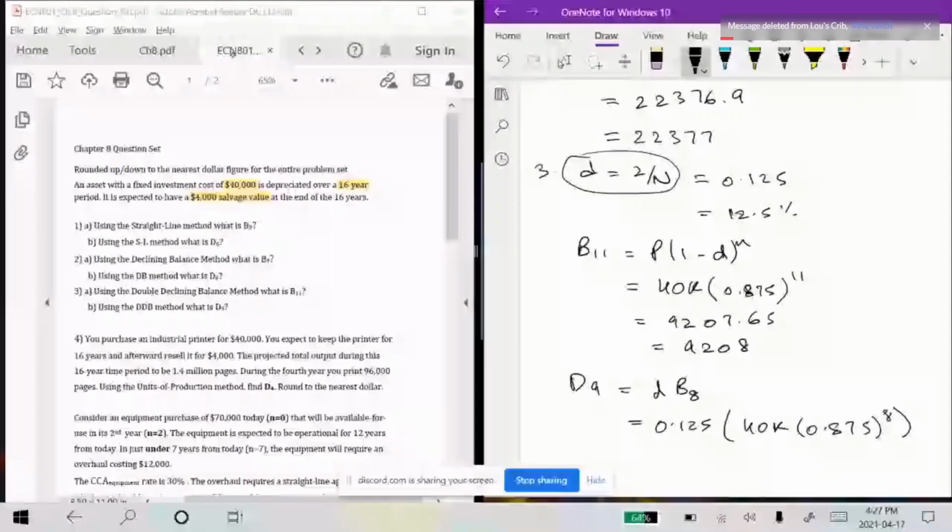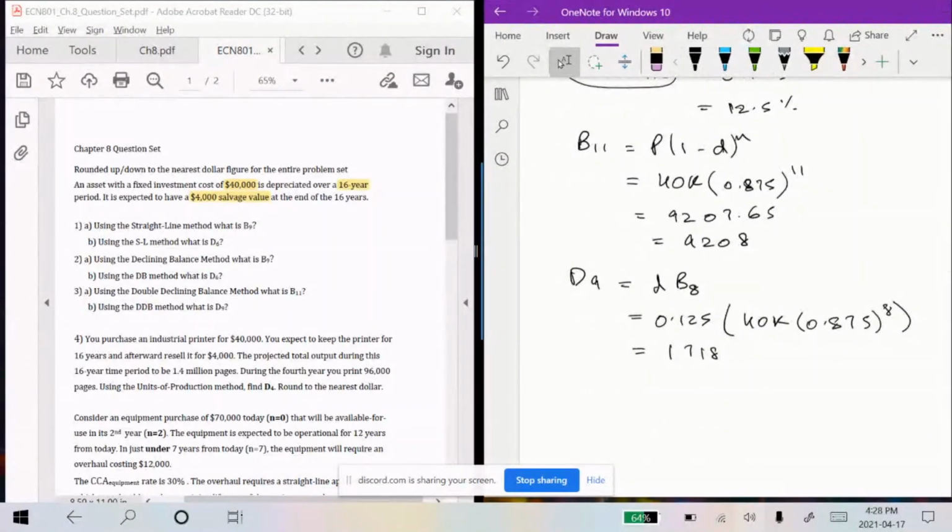So this would come out to be 0.125 into 40,000 into 0.875 raised to the power 8, which is 1,718. Yeah, that's pretty much it.